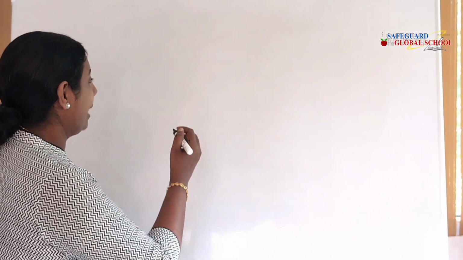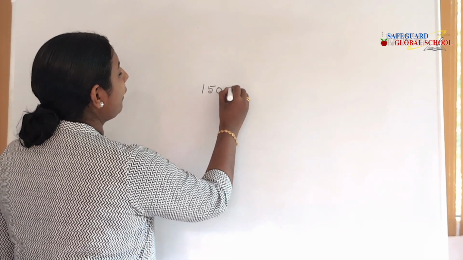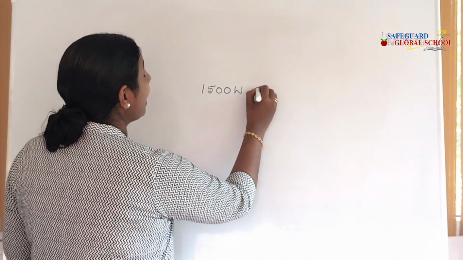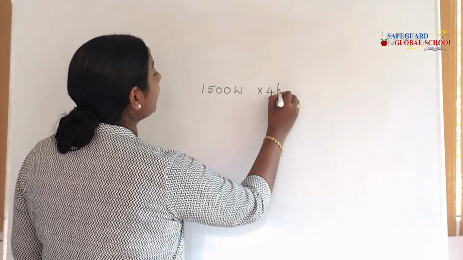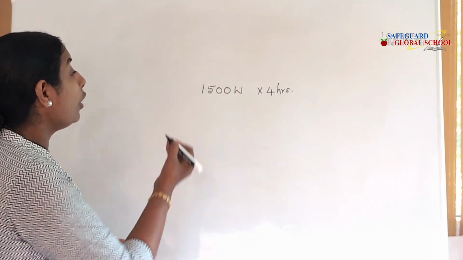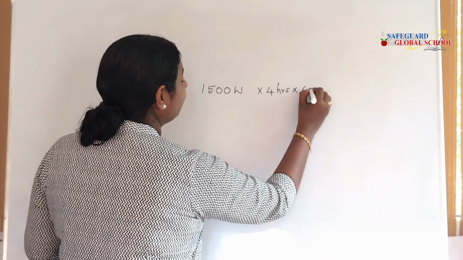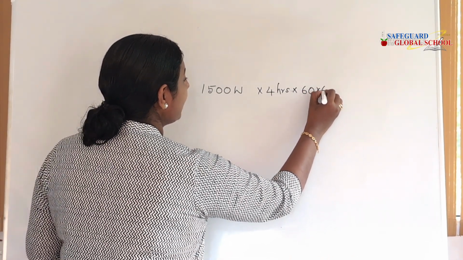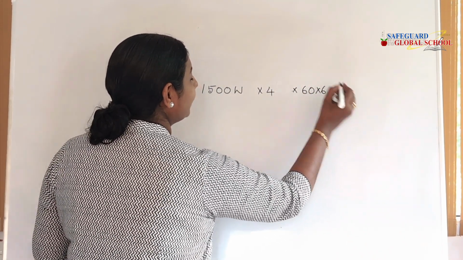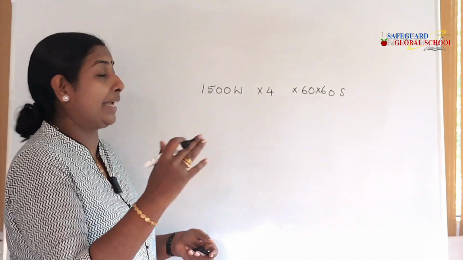So let us take an example. There is a machine of 1500 watts working for some 4 hours a day. So 4 hours into 60, it will come into minutes, into 60, it will be seconds, when converted into seconds.